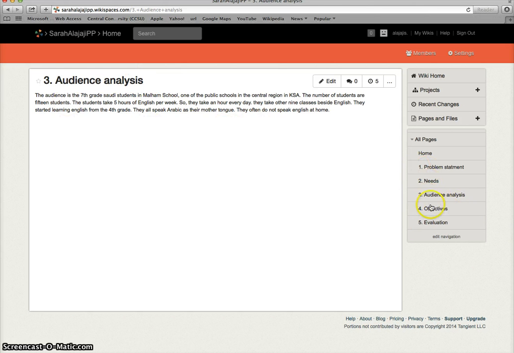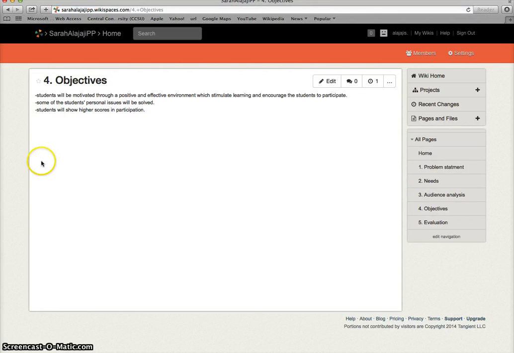Then your objective should be to solve the problem in some way. So here's the objectives, and you need to have one motivated. Let's see.